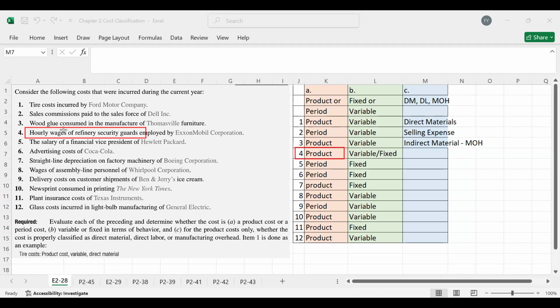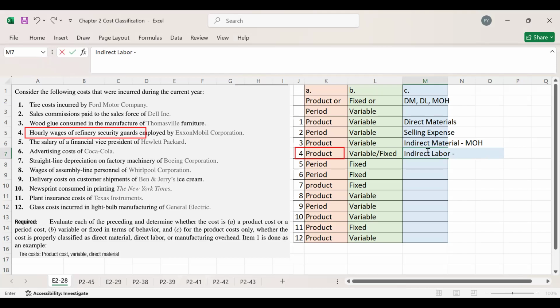These are hourly wages, so we can classify them in both ways, fixed and variable, but security guards are basically indirect labor, because they are not directly converting raw material into finished goods at any stage.